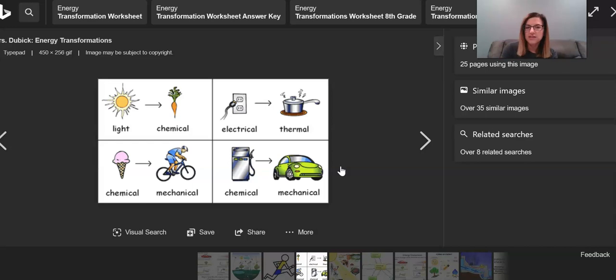And what we actually see in this picture, this is a great picture, it shows energy transformation. So know that energy is not just poof created, it's transformed and changed and shifted. So for example, like electrical energy, right? We can plug in our stove and we can turn it into thermal energy.